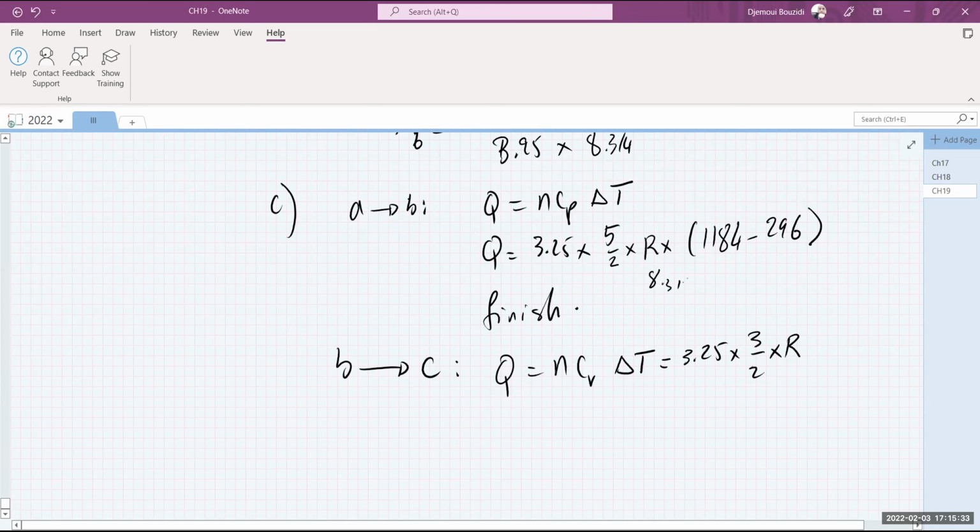It's 8.314 in SI, times the final temperature, which is 296, minus 1184. Clearly, this is going to be positive. This is heat added. Okay, this is clearly going to be negative. So this is extracted.